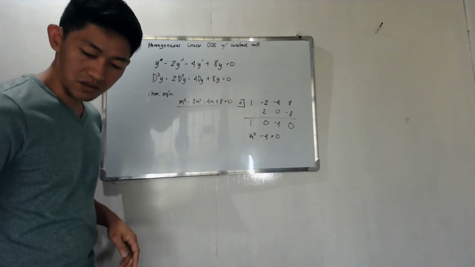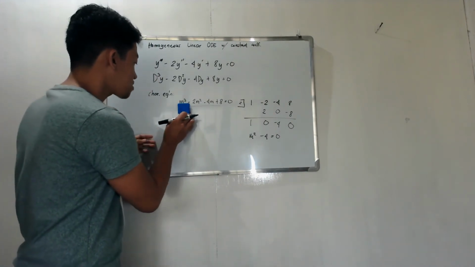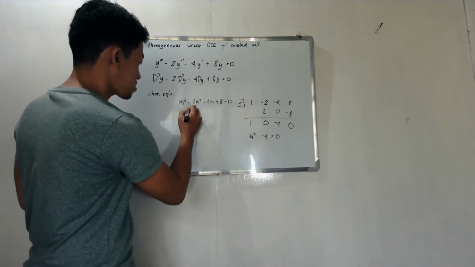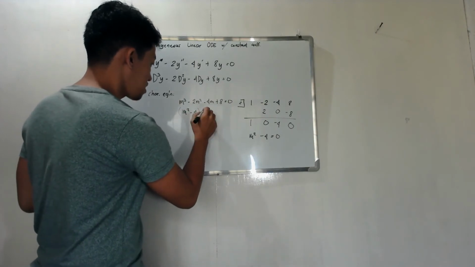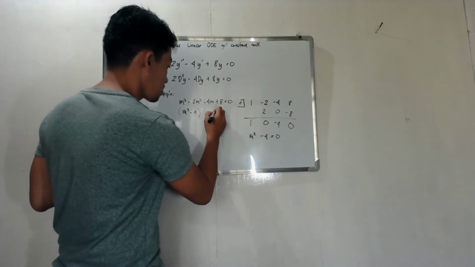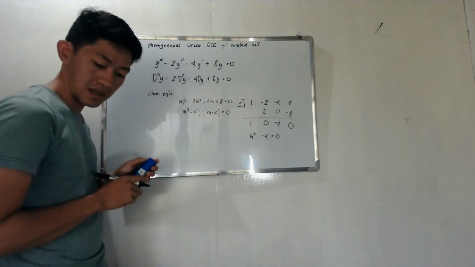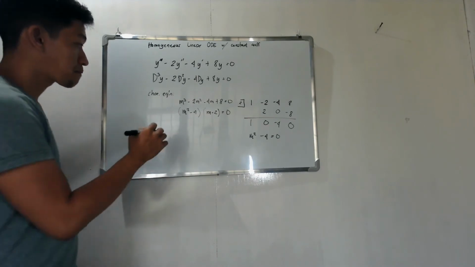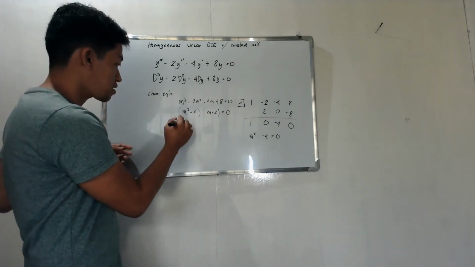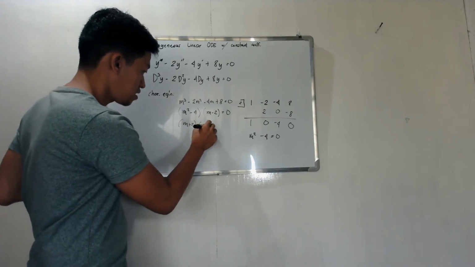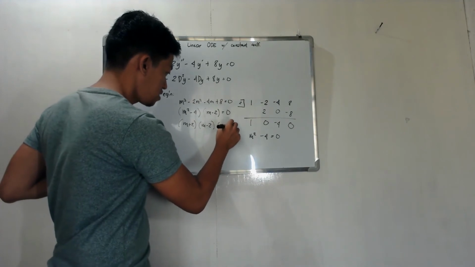So, ang factor nito is m squared minus 4, and then ito m minus 2. Right? M minus 2. And then you can factor this out. This becomes m plus 2, m minus 2, m minus 2 equals 0.